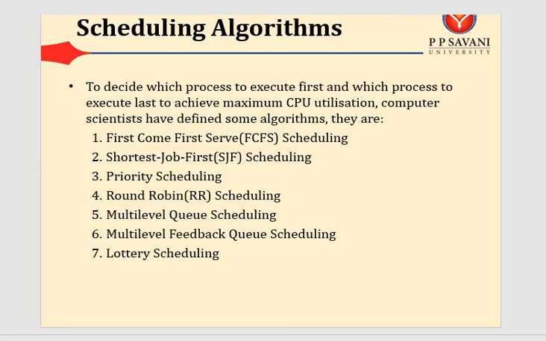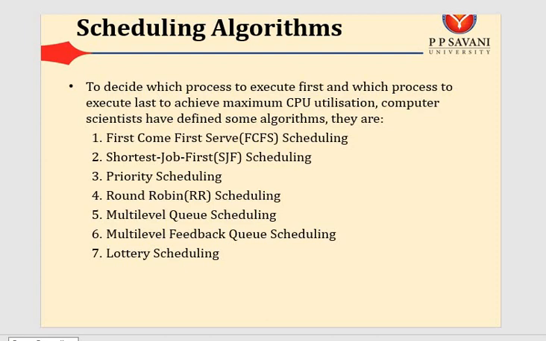These are the list of scheduling algorithms that we have to study in this chapter to decide which process to execute first and which process to execute last. To achieve maximum CPU utilization, computer scientists have defined some algorithms. One, that is first come first serve scheduling algorithm.